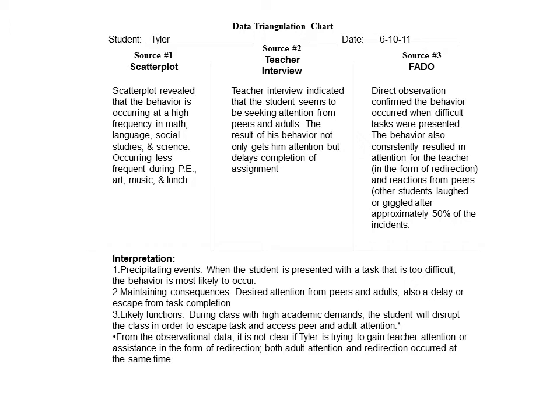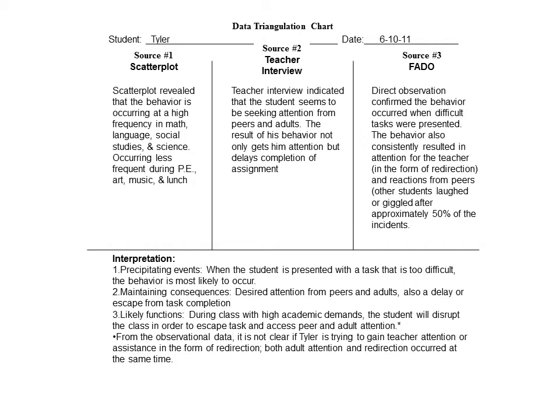Sometimes they would make comments as well. And the teacher would come over and redirect him. Other kids did not consistently respond to him because the teacher was there and she'd sort of look at him. But about half the time it did. And we know from class that problem behaviors can be intermittently reinforced just like appropriate behaviors. So that's certainly enough to possibly maintain the behavior.